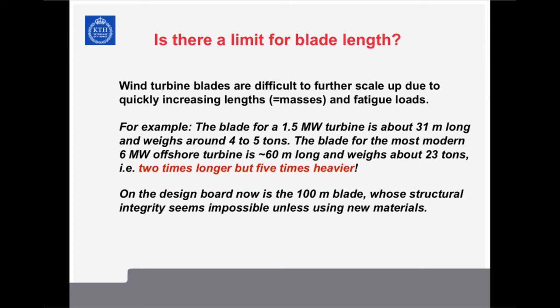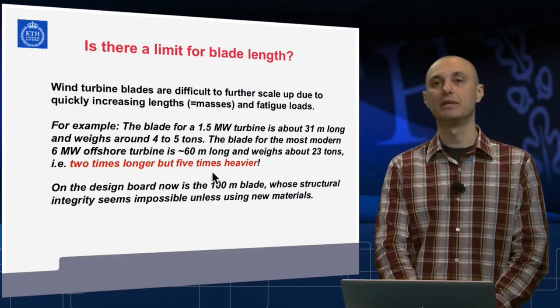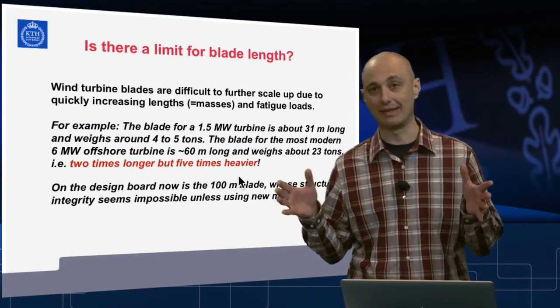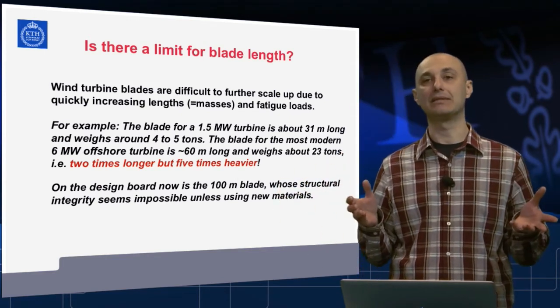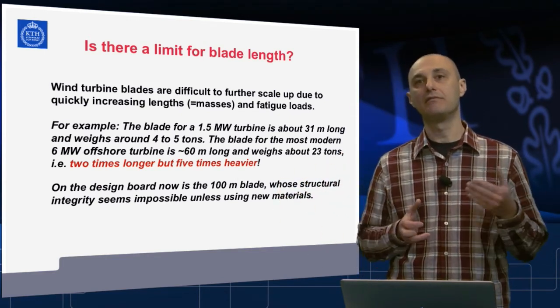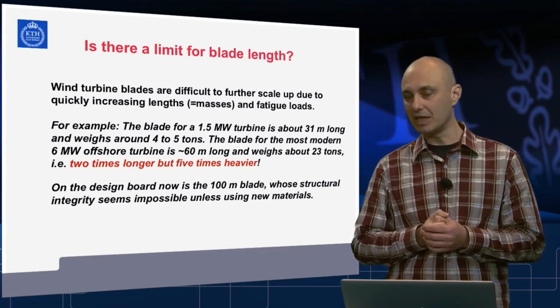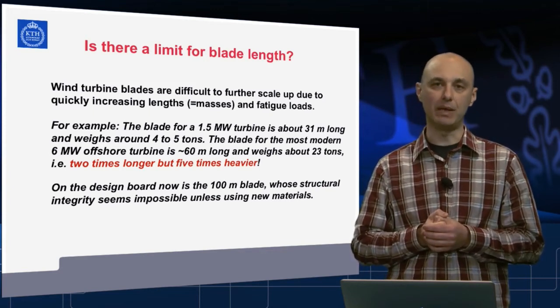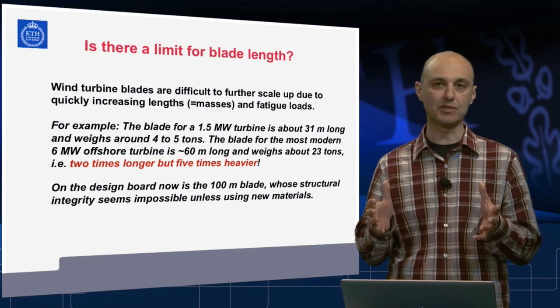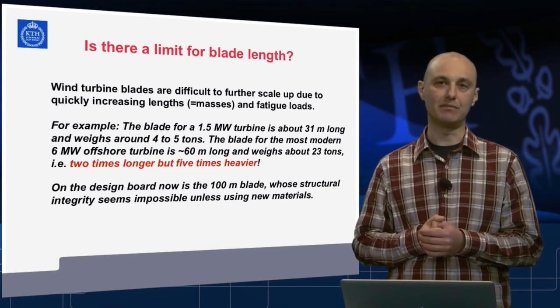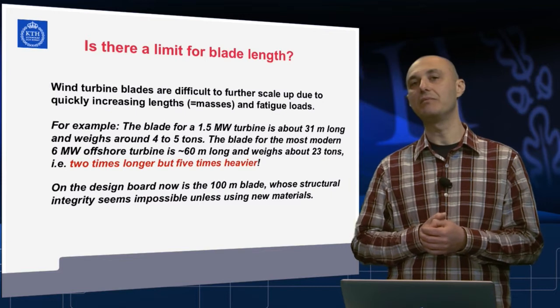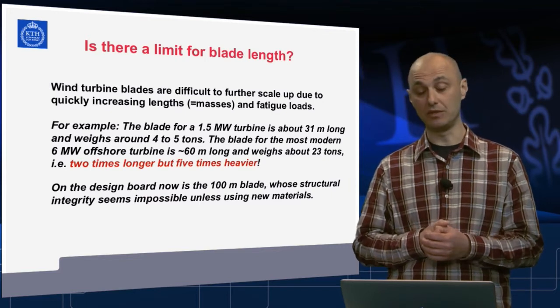Simple math: 2 times longer, 5 times heavier. If we go to 100 meters length, where are we with the masses? Actually, we are far enough so that the fiberglass material cannot support the blade. The root is not strong enough to support the rest of the blade. Maybe carbon fibers, maybe novel materials need to be used.